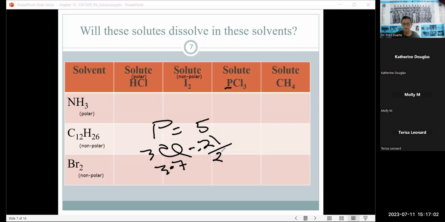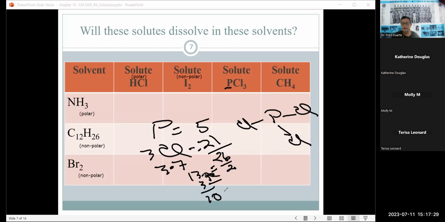We have a total of 26 valence electrons, 5 from the phosphorus and 21 from the chlorines. That's divisible by 2, so I have 13 pairs. Phosphorus is the central atom, so I can very quickly draw phosphorus and then 3 bonds to the 3 chlorines. That takes care of 3 pairs, so I have 10 pairs left.